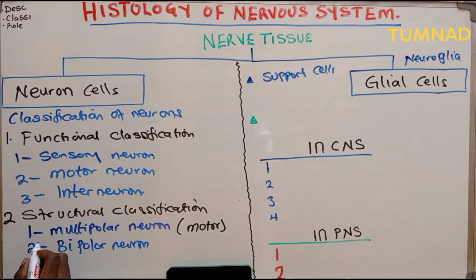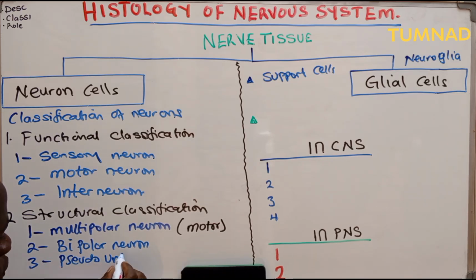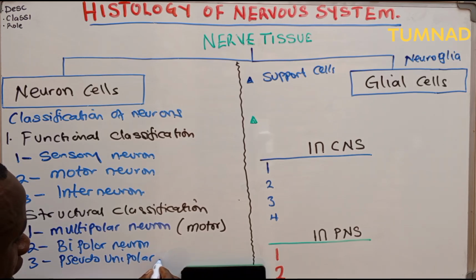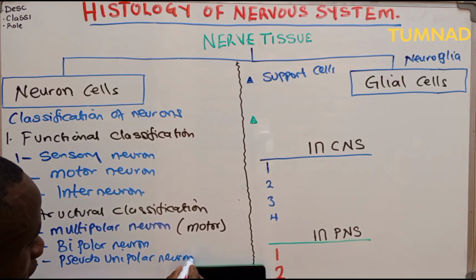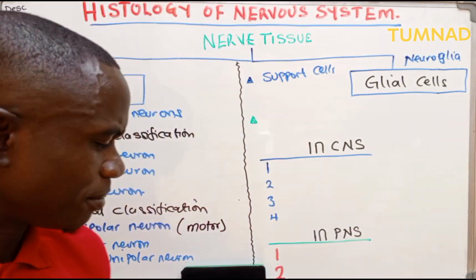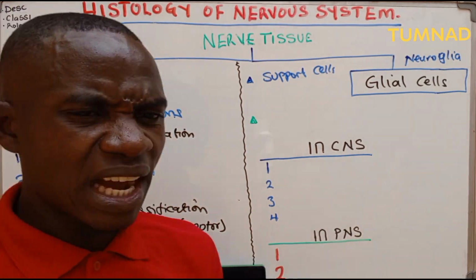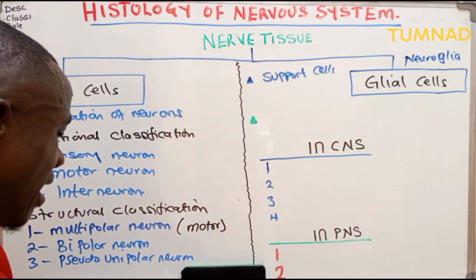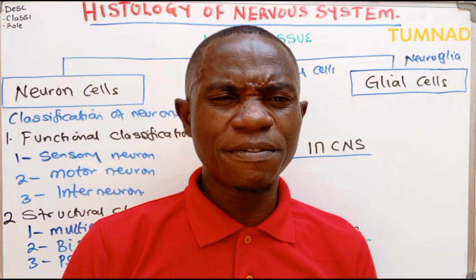Okay, and then the third one is what we call pseudo unipolar neuron. And when we talk of the pseudo unipolar neuron, these neurons are also very important in the way that they are going to be a bit funny.